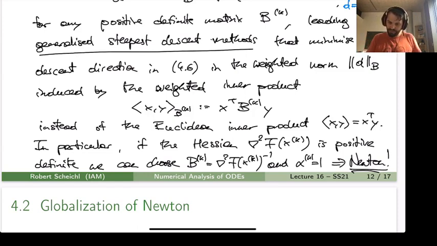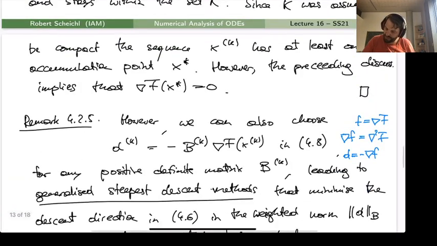So important, if we choose the metric or the matrix bk to be the inverse of the Hessian of capital F, then essentially here we have recovered Newton's method. So the step direction we're taking is minus grad f inverse f, or minus Jacobian of f inverse f.